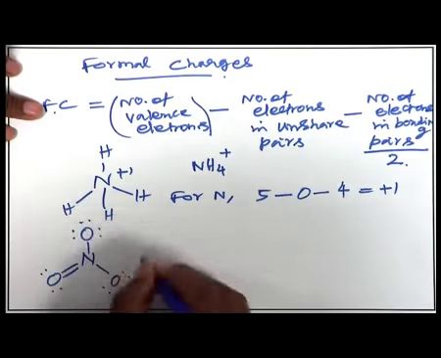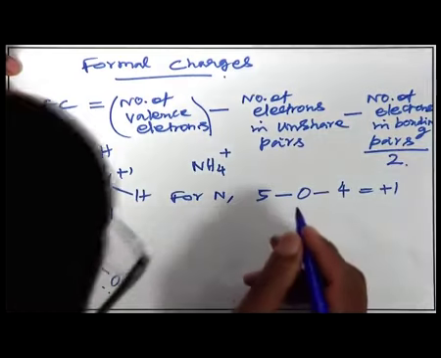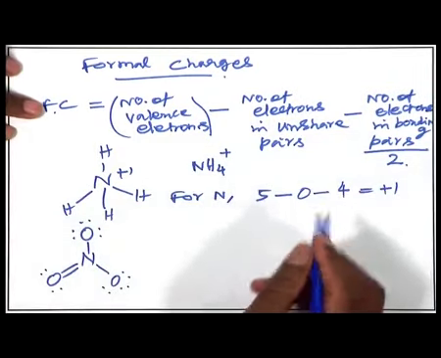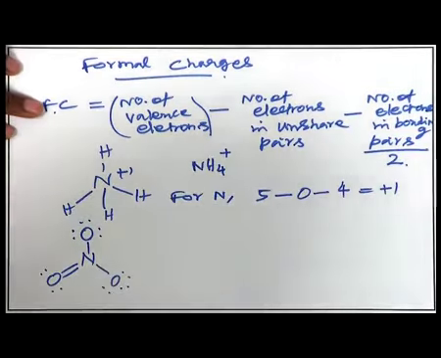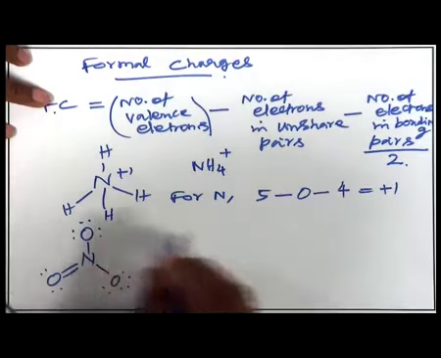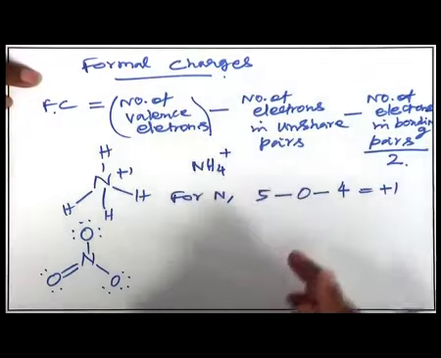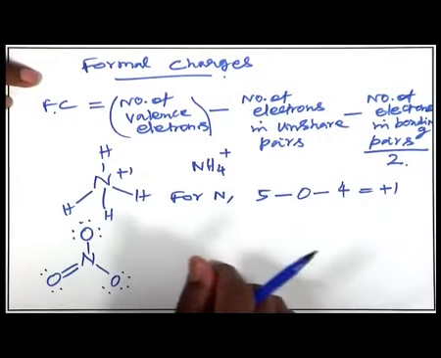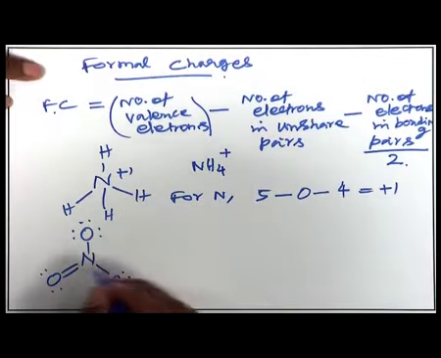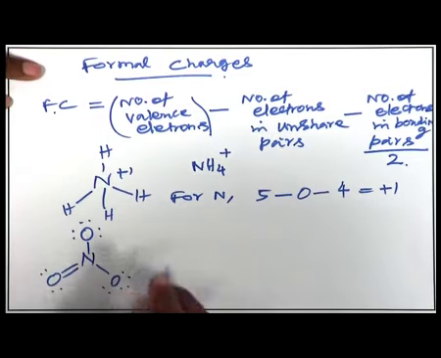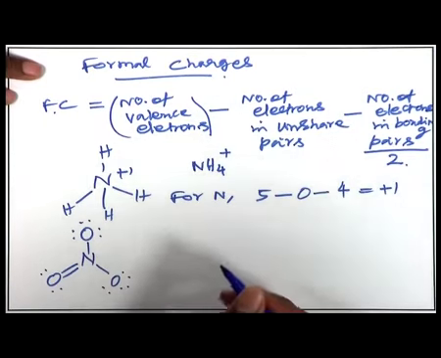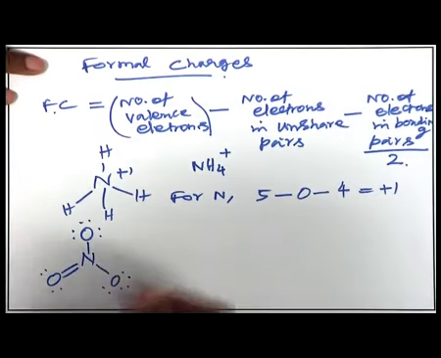The overall charge is minus. How the overall charge came out to be -1 we can find out. The overall formal charge is the sum of the formal charges on each atom. So if you do the formal charge calculation for each atom, you will see the overall formal charge for that species.